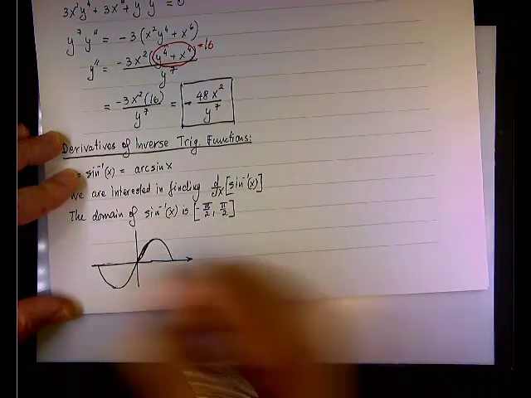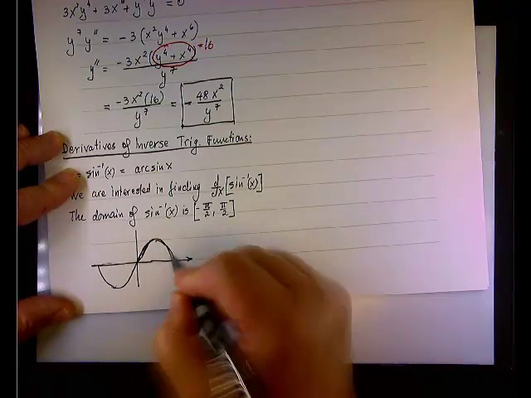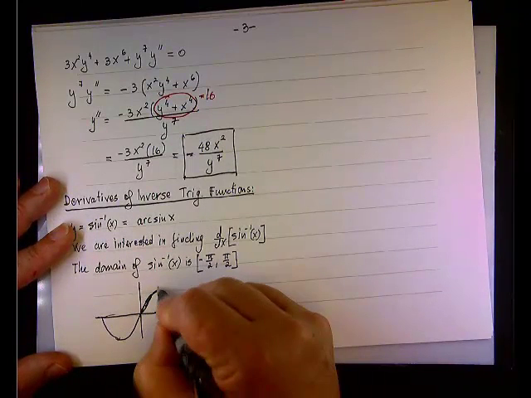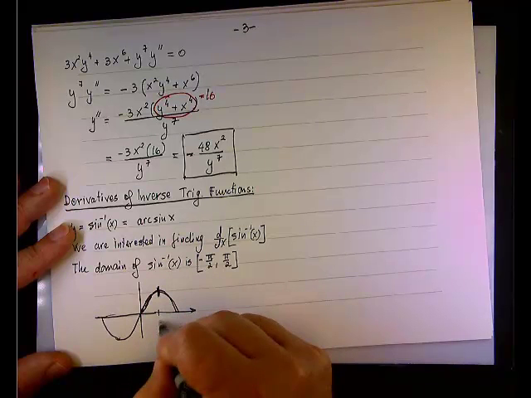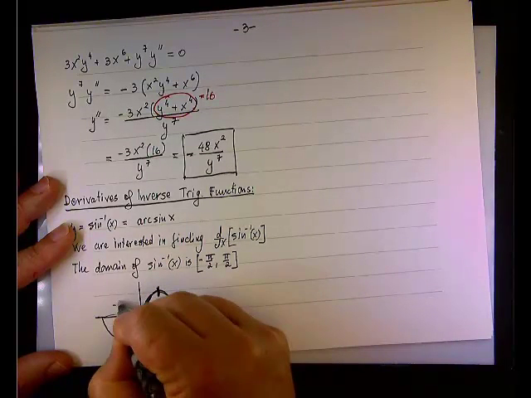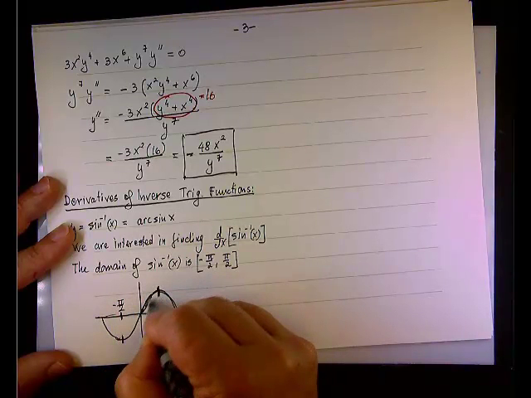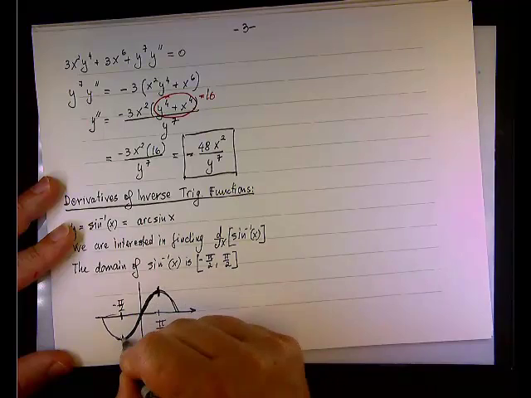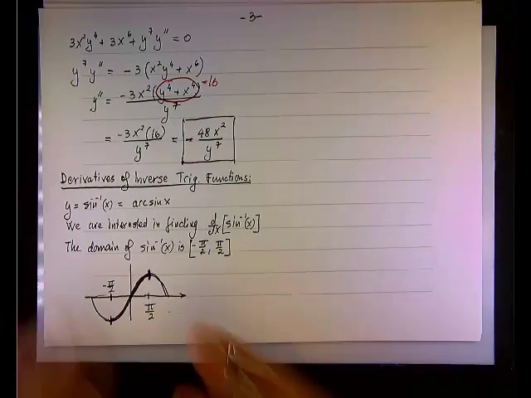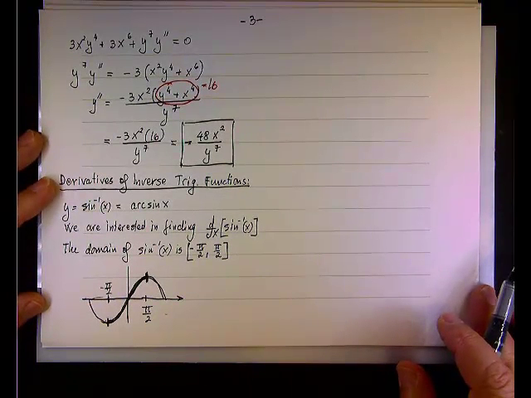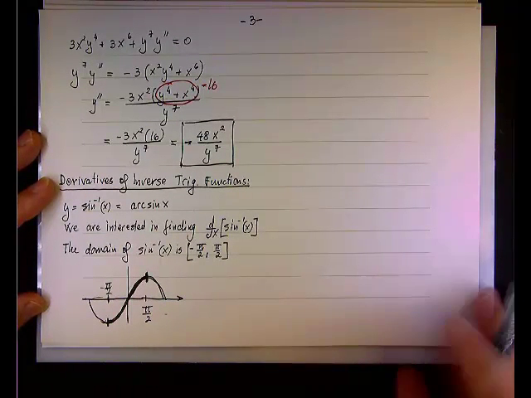This is from negative pi to pi, right? Obviously we fail the horizontal line test, so it's not an invertible function. But if we chop it off right here, and this is pi over 2, and we chop it off right here, and this is negative pi over 2, well, this section is 1 to 1, and therefore it's invertible. So that's why we restrict the domain from negative pi over 2 to pi over 2.